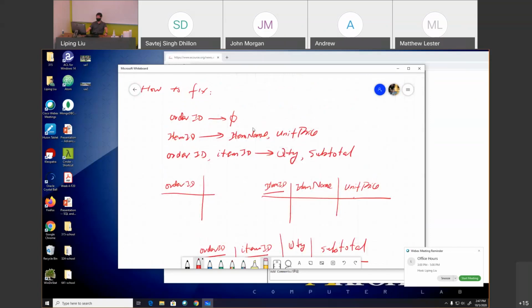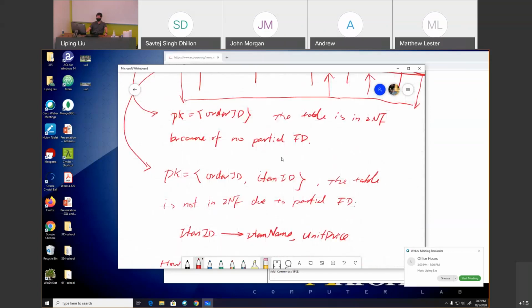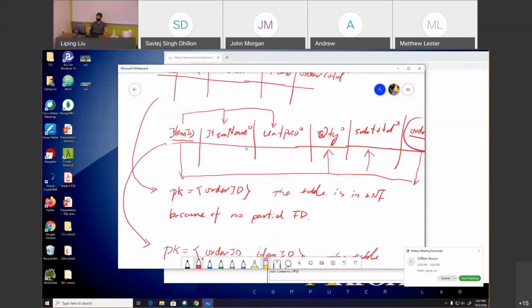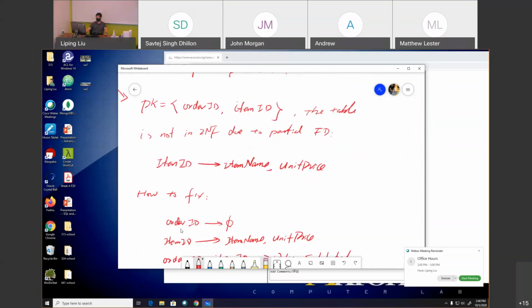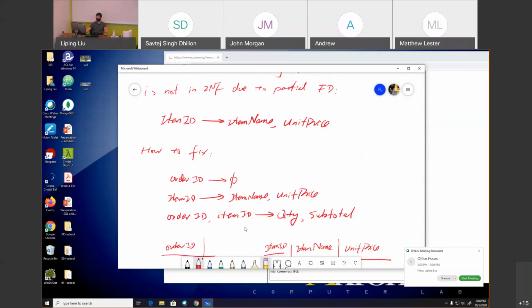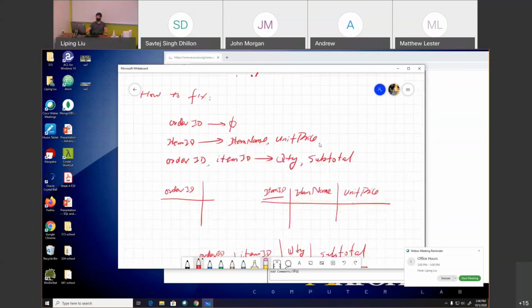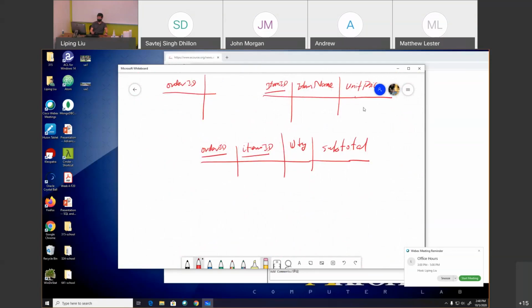All right, so essentially that second table here is the result of combining 3 tables. Which 3 tables? Combining the orders table, the item table, and also the middle table. The middle table is actually the gerund. So if you're trying to draw ER diagrams, the diagram should look like this.